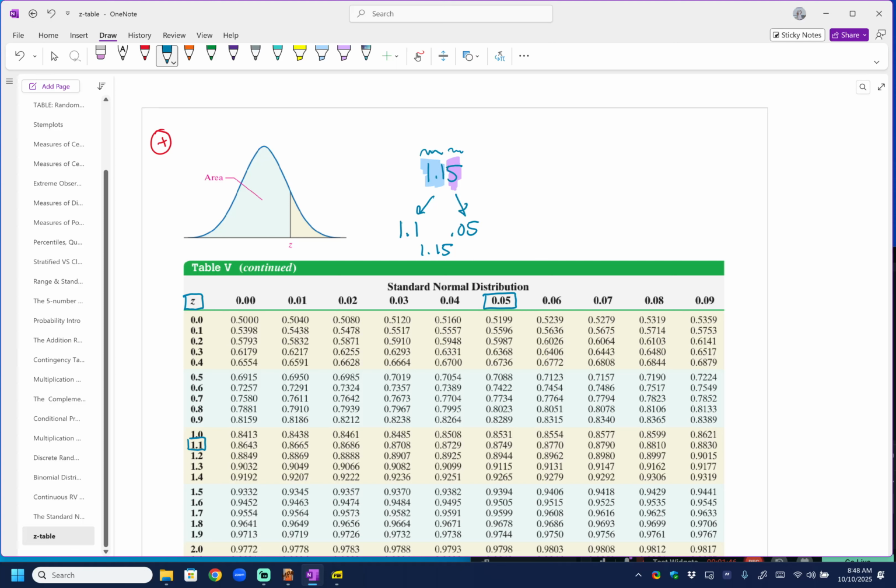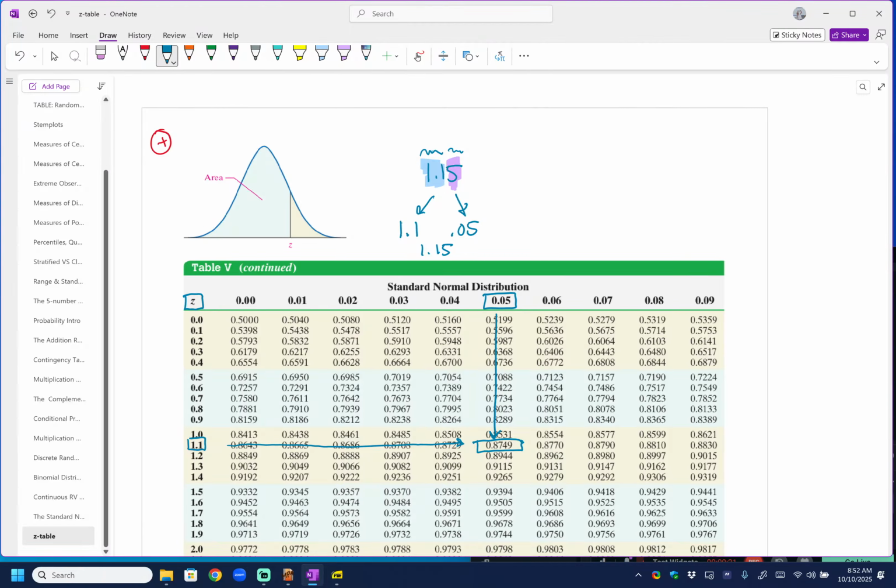The next step is to just simply meet in the middle. Follow the 1.1 row all the way through. Follow the 0.05 column all the way down until you meet at a specific area value. This value is 0.8749. What does this mean?